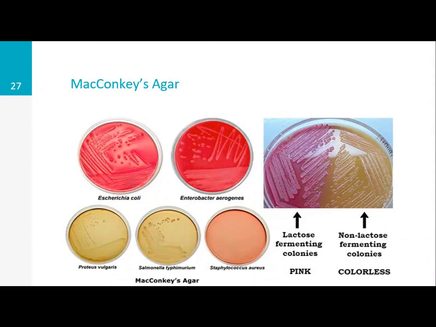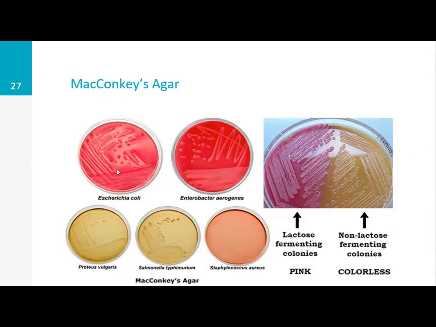Yeah, okay, perfect. So as we see for the MacConkey's agar, remember we said it's just for gram negative because it contains the bile salts and the crystal violet dye, which will prevent the growth of the gram positive organisms. And it will also allow us to identify whether the gram negative is lactose fermenting, as we can see here.